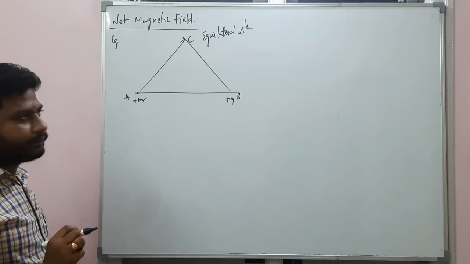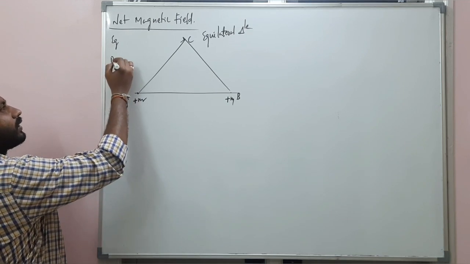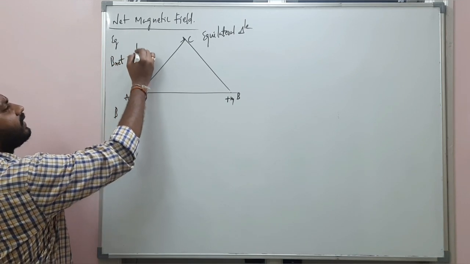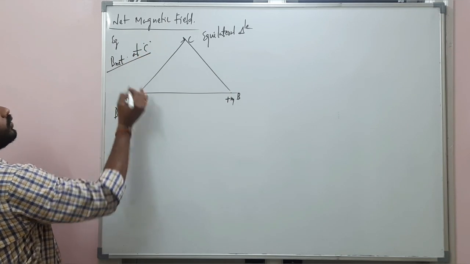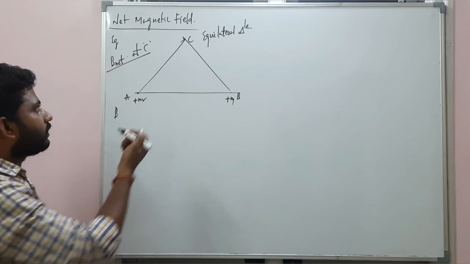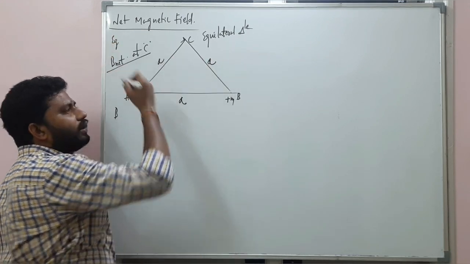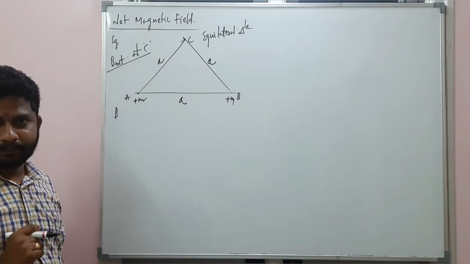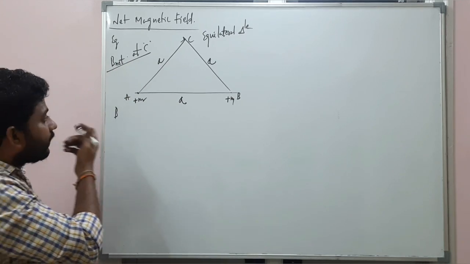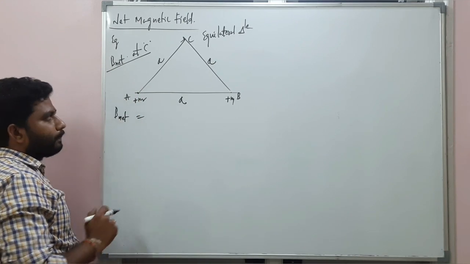Now the question is, what is the net magnetic field at point C due to these two? That's the question. So simple. For the equilateral triangle, imagine the length of any side is a. Now what will the B net value be at point C?